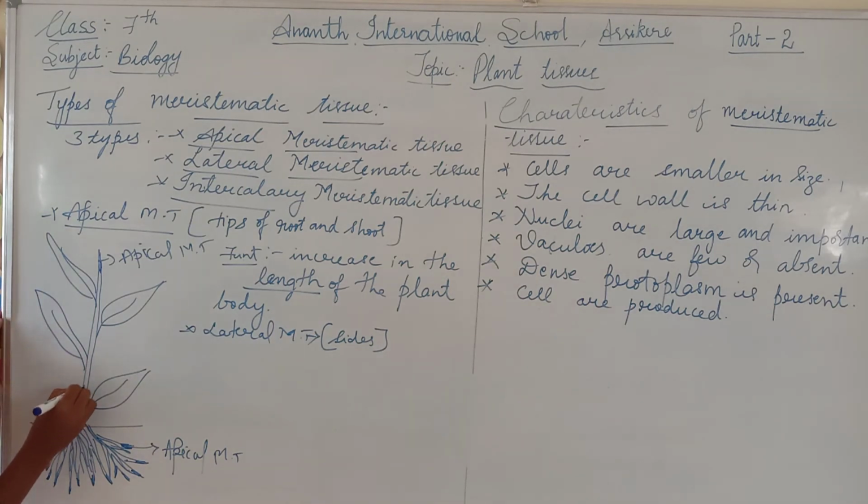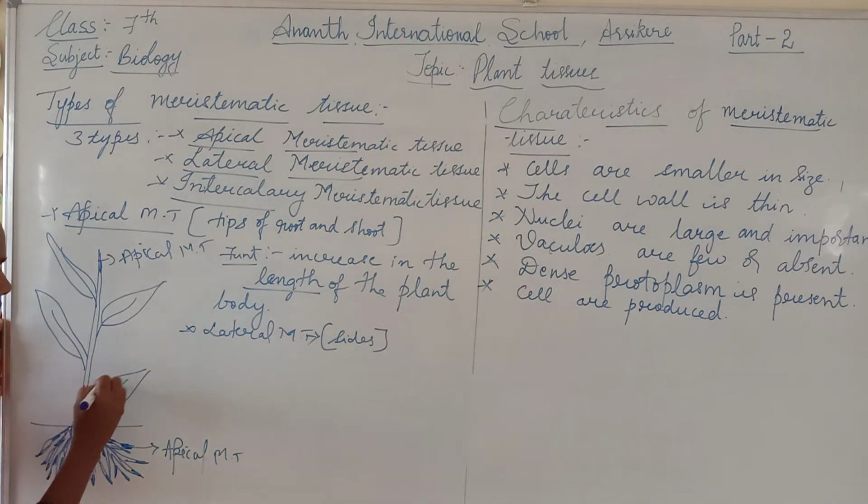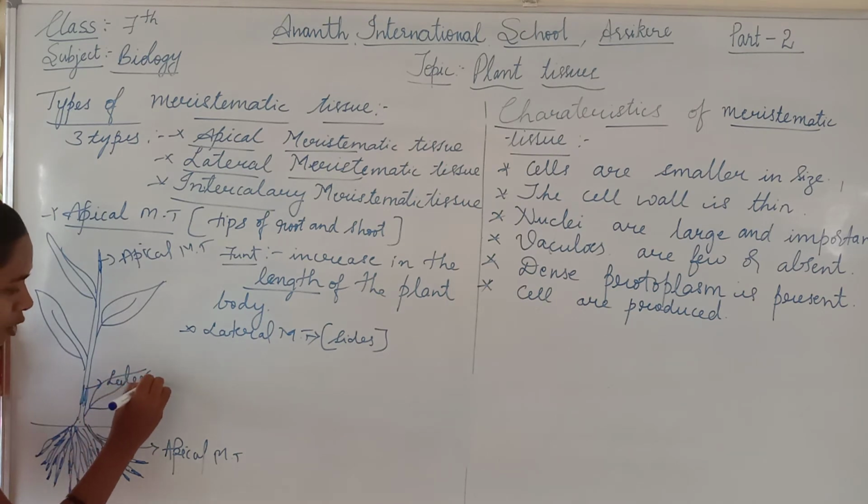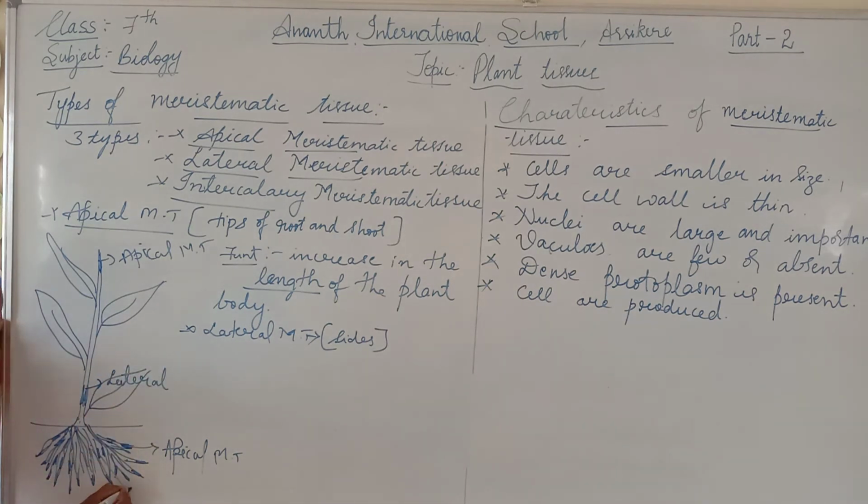So either sides of the stem, and even in the sides of the root also. If they are present in either sides, then what will be the function of this lateral meristematic tissue?